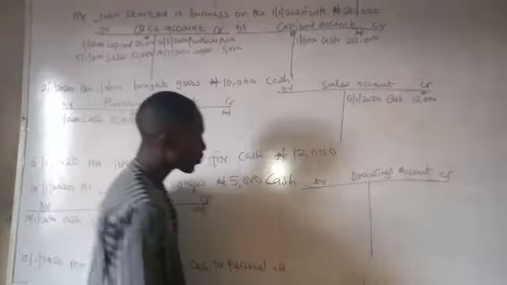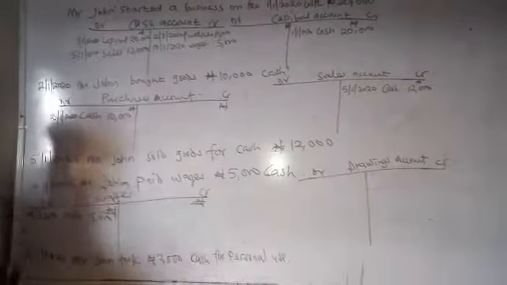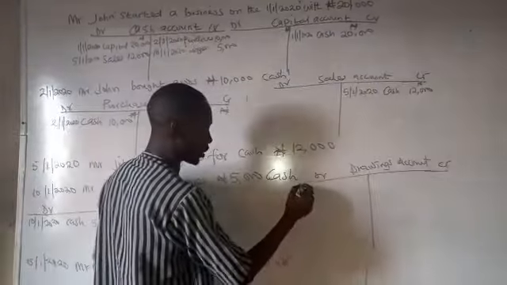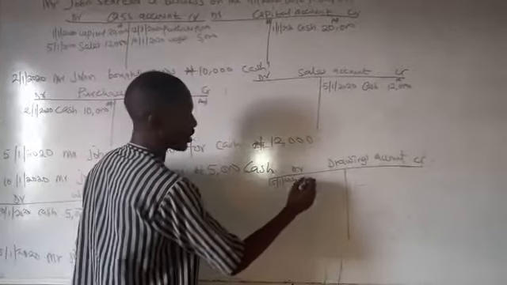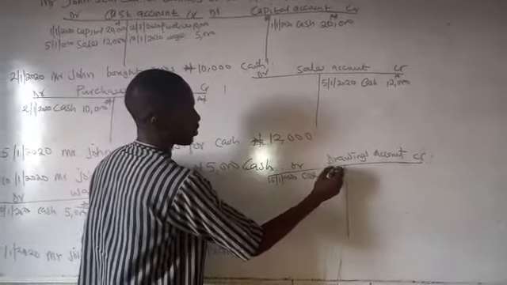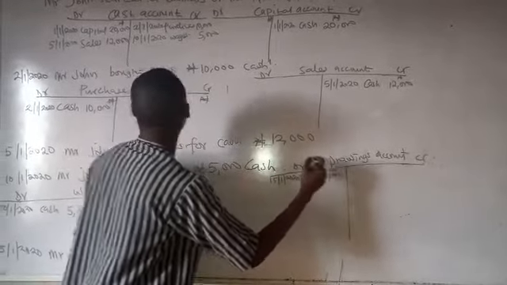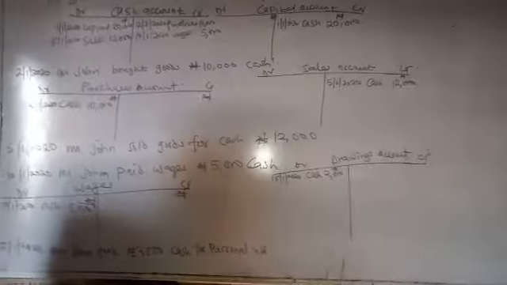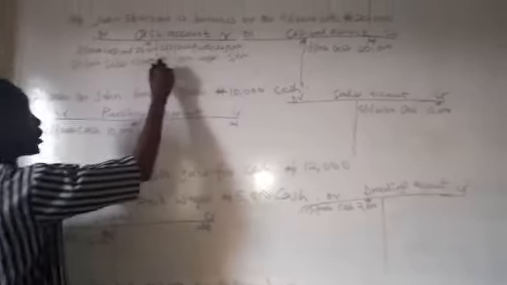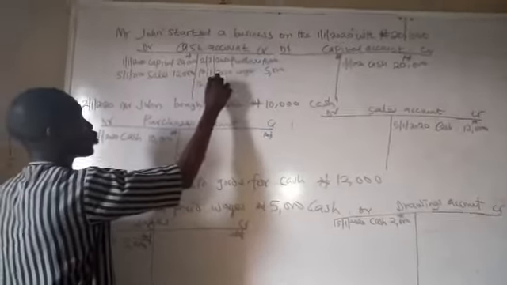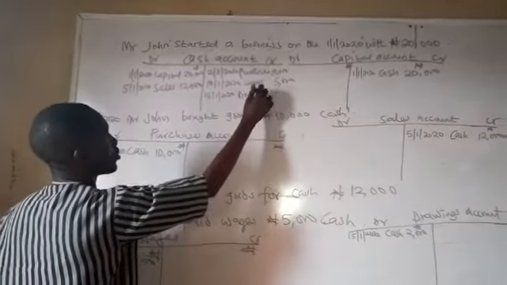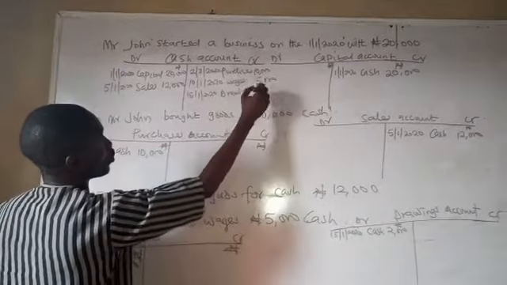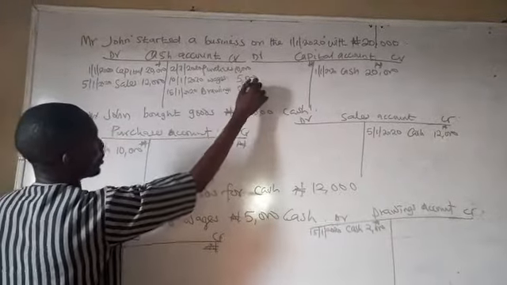Now, the cash account is giving out and drawings account is receiving. On the 15th of January 2020, drawings, 2,000 naira. Then the corresponding credit entry will be on the 15th of January 2020, cash, 2,000 naira.